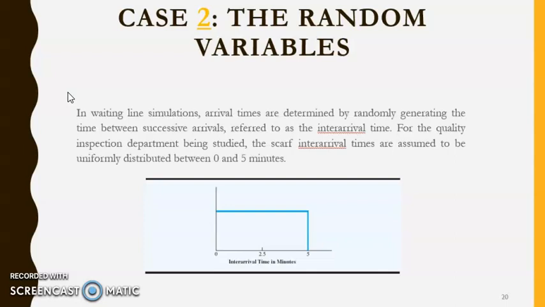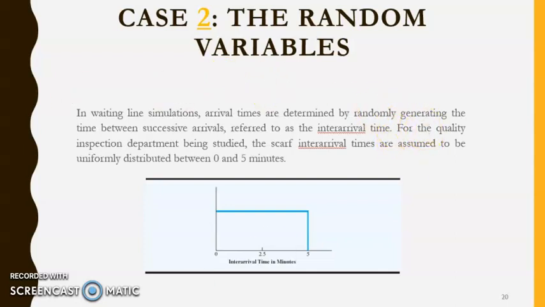For the quality inspection department being studied, the scarf inter-arrival times are assumed to be uniformly distributed between 0 and 5 minutes. Okay, here it is telling you about the arrival of scarves.